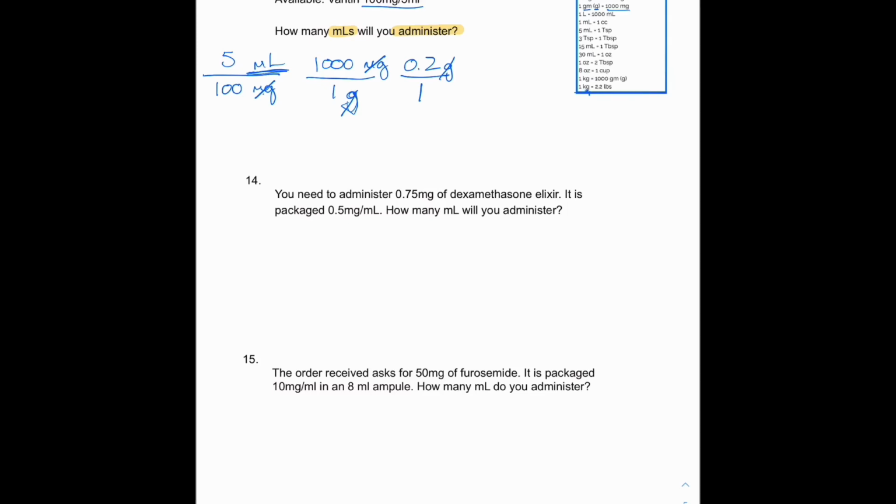So 5 times 1,000 times 0.2 is 1,000 divided by 100. That is equal to 10 mils.